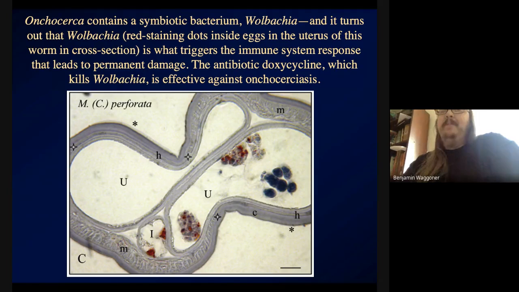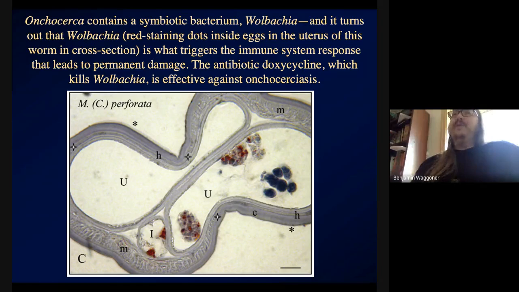There's two, those empty spaces labeled with capital U. And inside the uterus on the right, you can see eggs being produced. Those are sections through three, actually, I think those are embryos developing inside eggs. And in two of them, you ought to be able to see little red staining dots. This is an immunostain of a bacterium called Wolbachia.